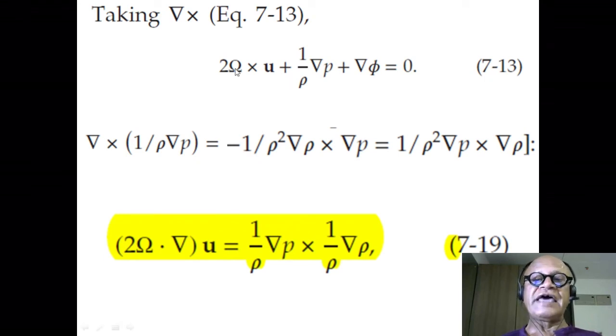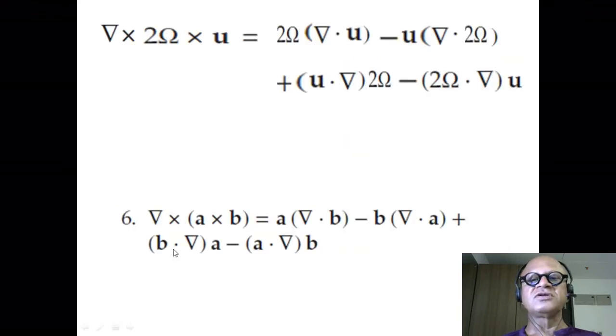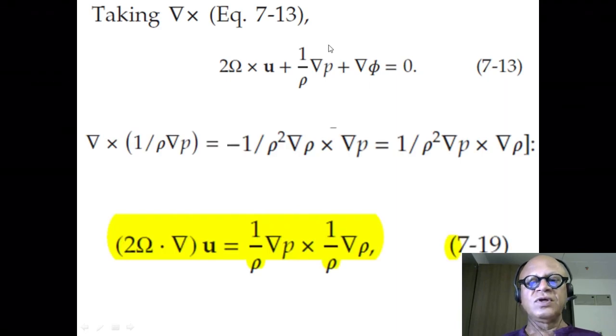So we can then equate the terms. This obviously went to 0 because grad cross grad phi is 0. We are just balancing these two terms. This became 2 omega dot grad u, because here these terms go to 0. All these terms go to 0, so you get 2 omega dot grad u equal to 1 over rho squared grad p cross grad rho.